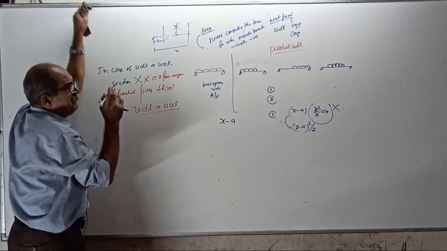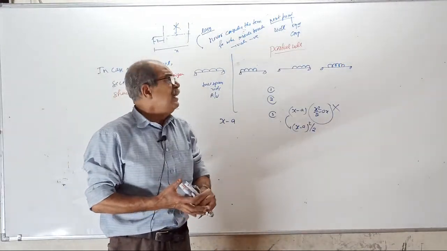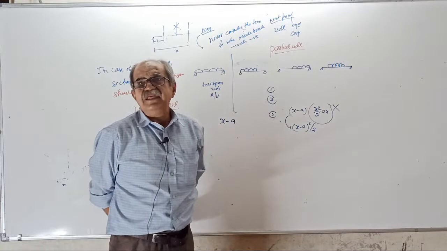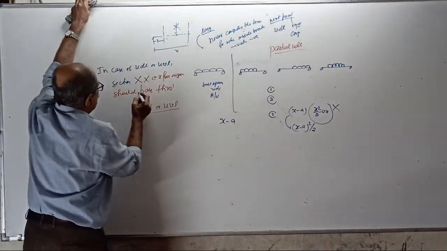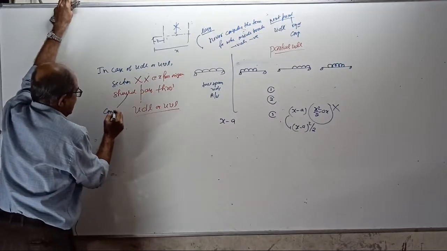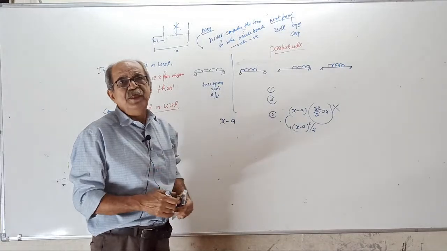Clear? Compulsory. In case of UDL or UVL, section XX at x from origin should compulsorily pass through the UDL or UVL.